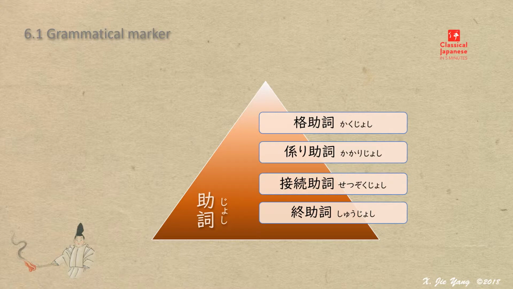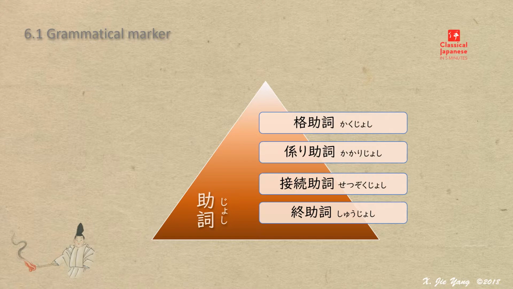Those used with a verb or adjectives and indicating its relationship in a statement, setsuzokujoshi, or connective particle. Those used at the end of a sentence, shujoshi, or ending particle, etc.